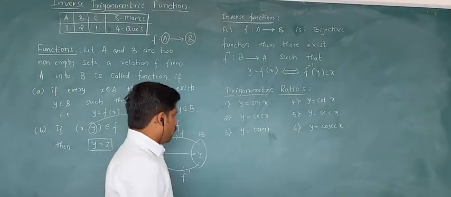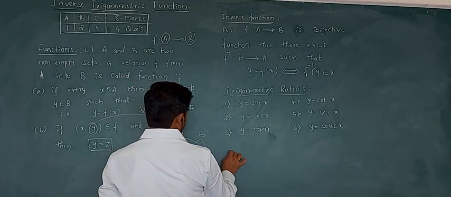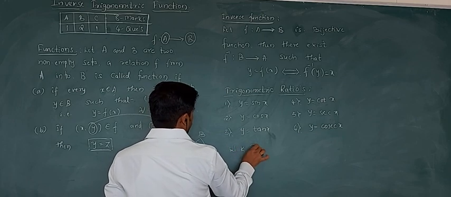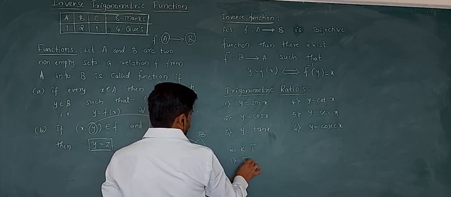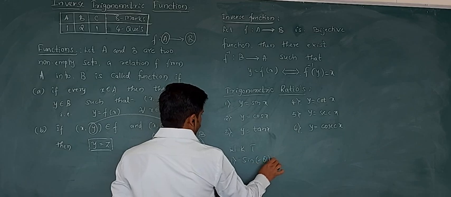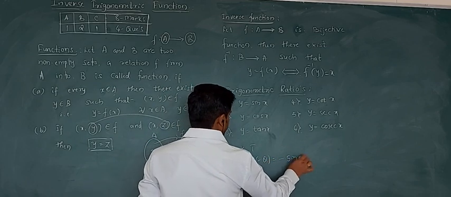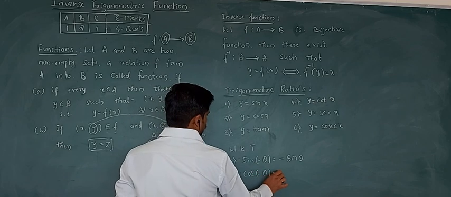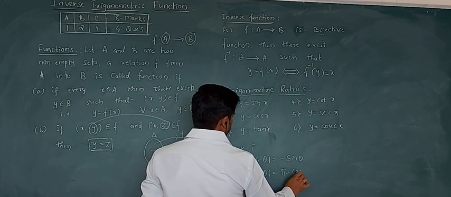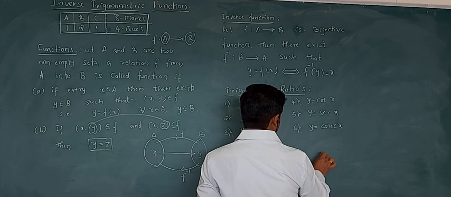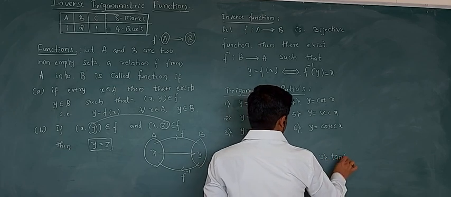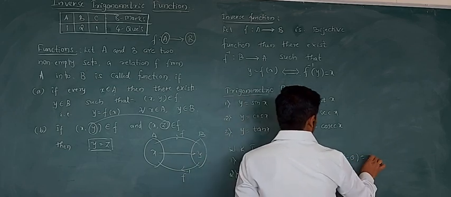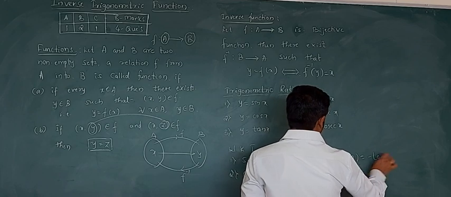And also we know the important formulas from first year. First one, sin of minus theta equal to minus sin theta. Second one, cos of minus theta equal to plus cos theta. Third one, tan of minus theta equal to minus tan theta.